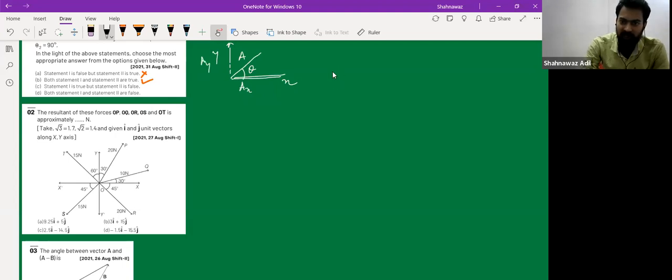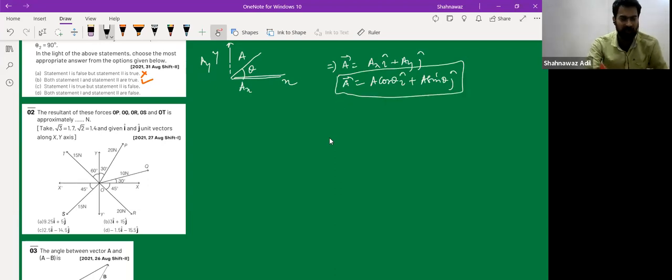So we can write a vector as ax i hat plus ay j hat. ax would be A cos theta i hat, and ay would be A sin theta j hat. So this is all about the resolution of vectors, and we will use this property in this question.